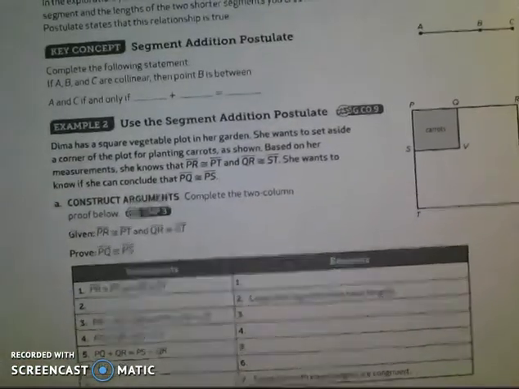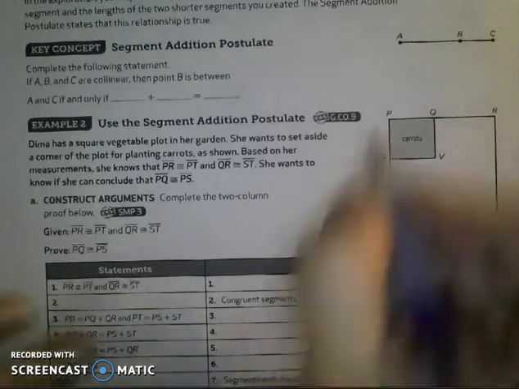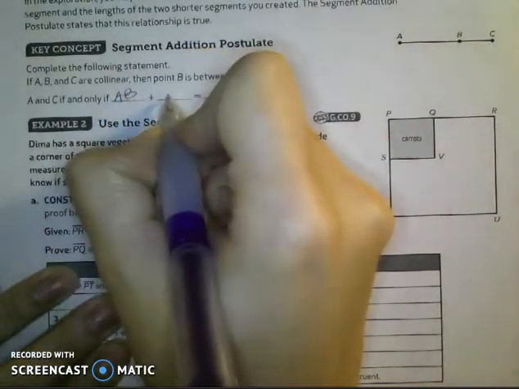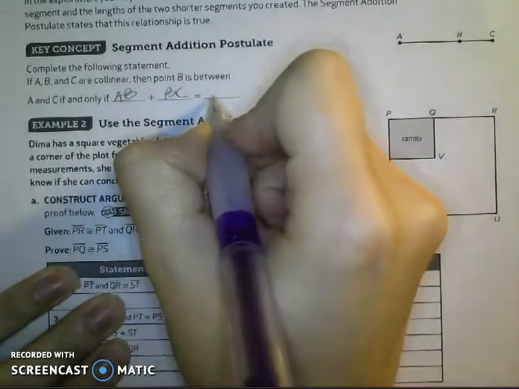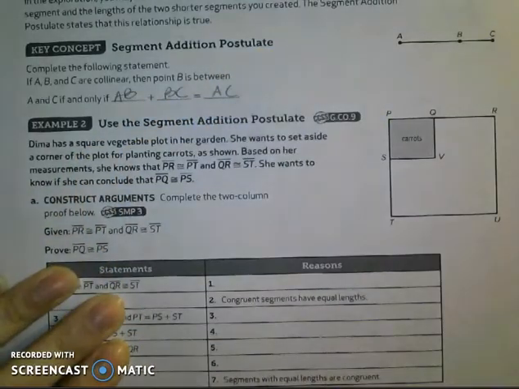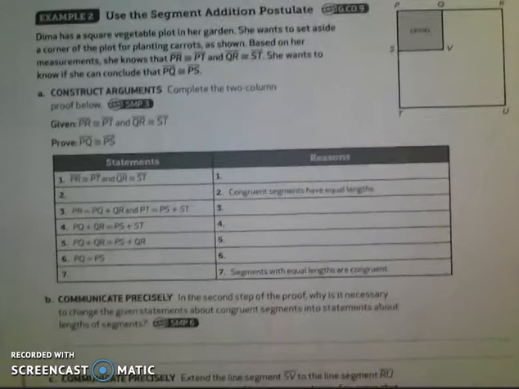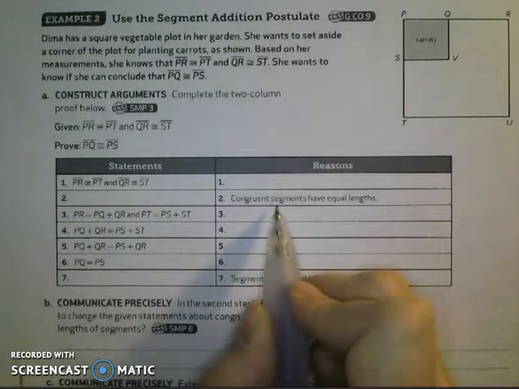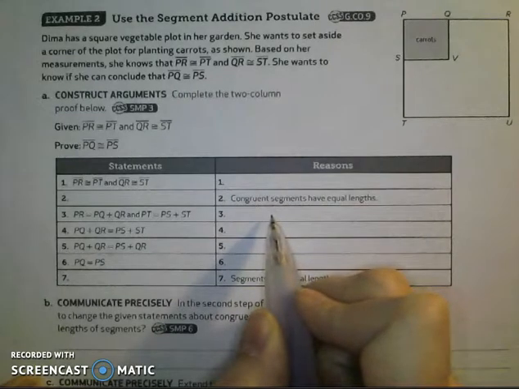So for our segment addition postulate, if we're looking at our picture here, we know that AB plus BC is equal to AC. We can go ahead and construct an argument here. We've already got a lot filled in, and it's already giving us some hints. So let's take a look at that.